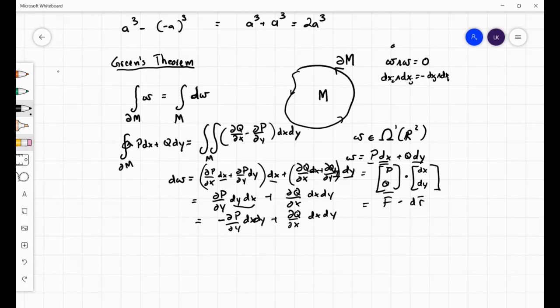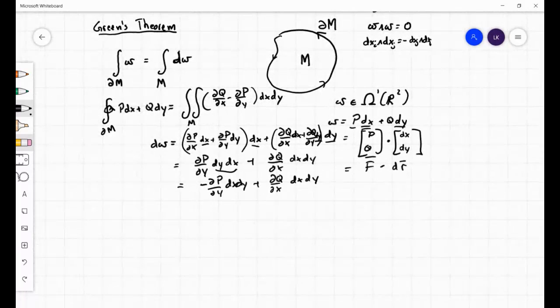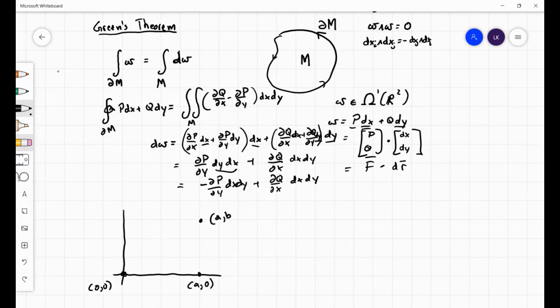So suppose you have some triangle. So this is our boundary. That's the perimeter of that triangle. And M would be the triangle itself, yes.